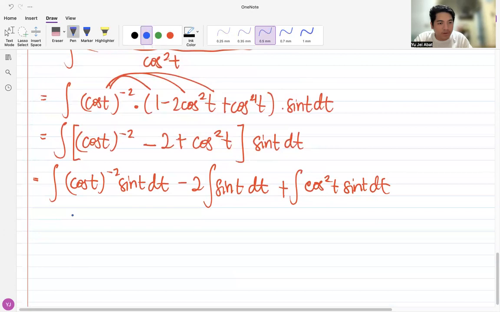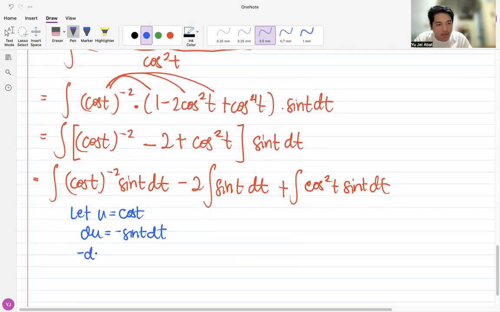So for this, I'm going to let u equals cosine of t, and my du would be negative sine of t dt. That obviously leads me to negative du equals sine of t dt.